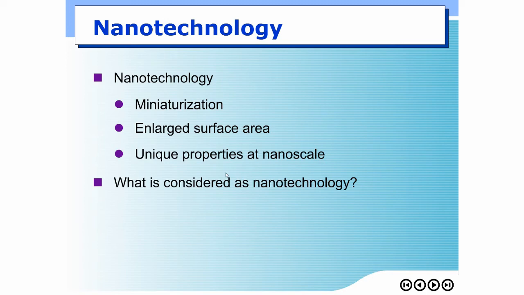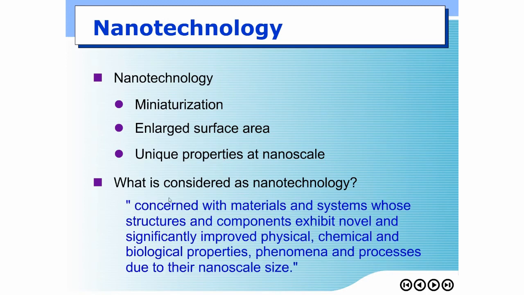All right, so what is considered as nanotechnology? Basically, we try to make particles or materials small, in nanometers, so that we can use the unique properties. Okay, so it doesn't mean that anything in nano size will be considered nanotechnology, but we want to try to improve properties by design.